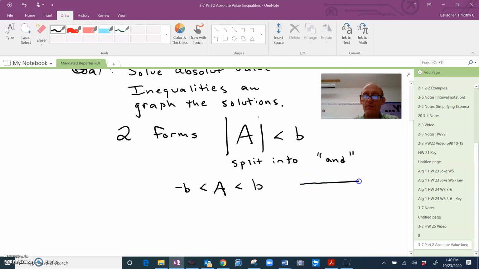So really that means the graph is an AND inequality, so it's the two values on the positive and negative. And in this problem, they're going to be open circles, and it's in between, so it's A is less than B and greater than negative B.